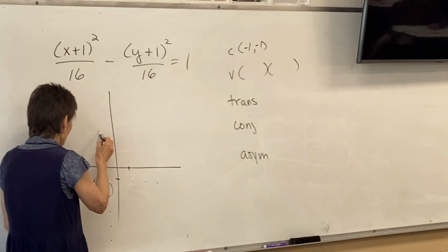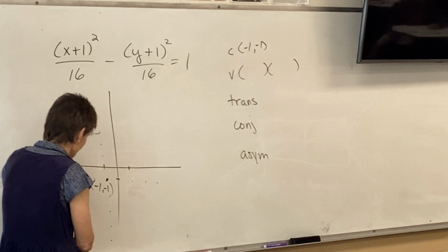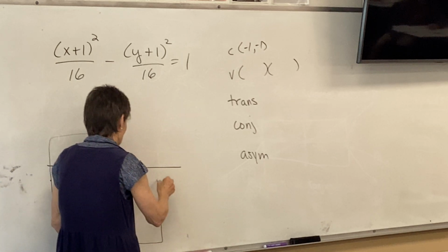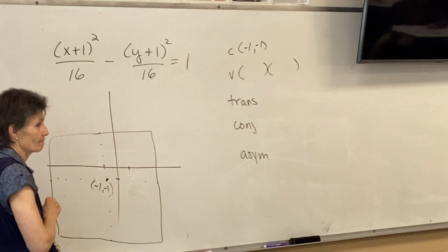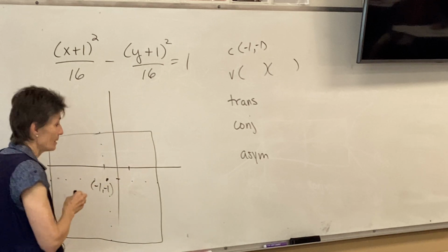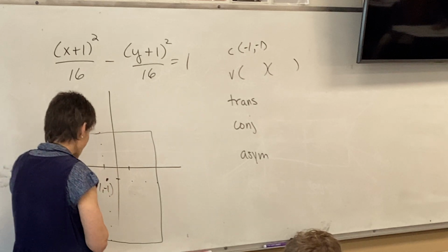And then I'm gonna build a box through those points, a rectangle. Actually, this one is a square, isn't it? And then I will draw in my asymptotes.